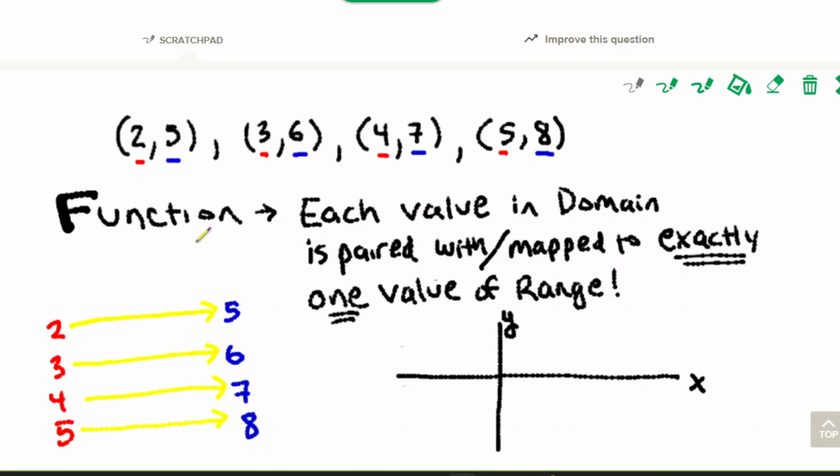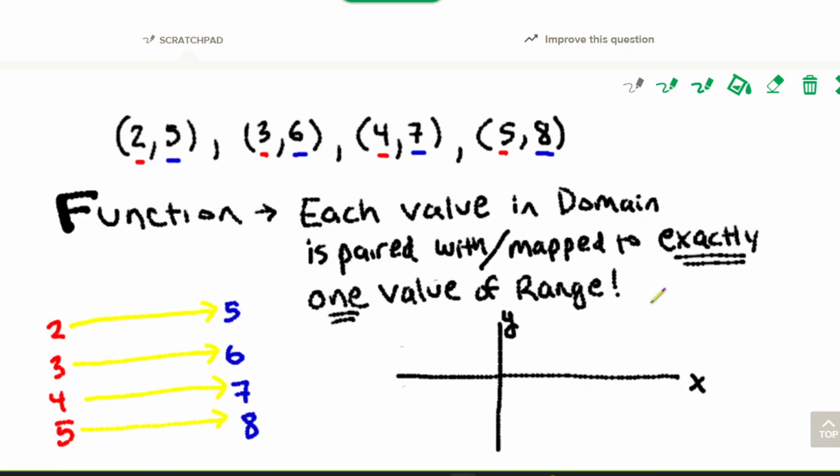On the x-axis, positive numbers to the right, negative numbers to the left, 0 in the middle. And on the vertical axis, 0 in the middle, positive numbers going up, and negative numbers going down. But these are two number lines. And then we would plot each ordered pair as a point on this plane.